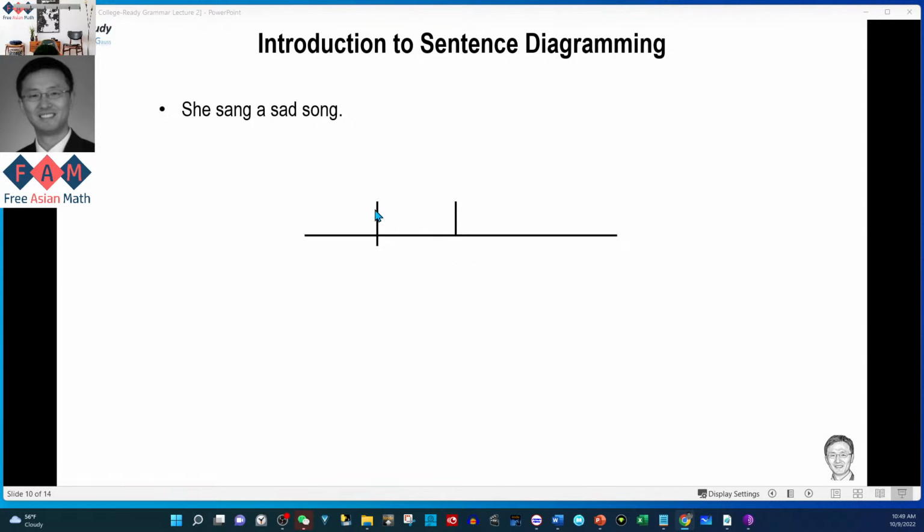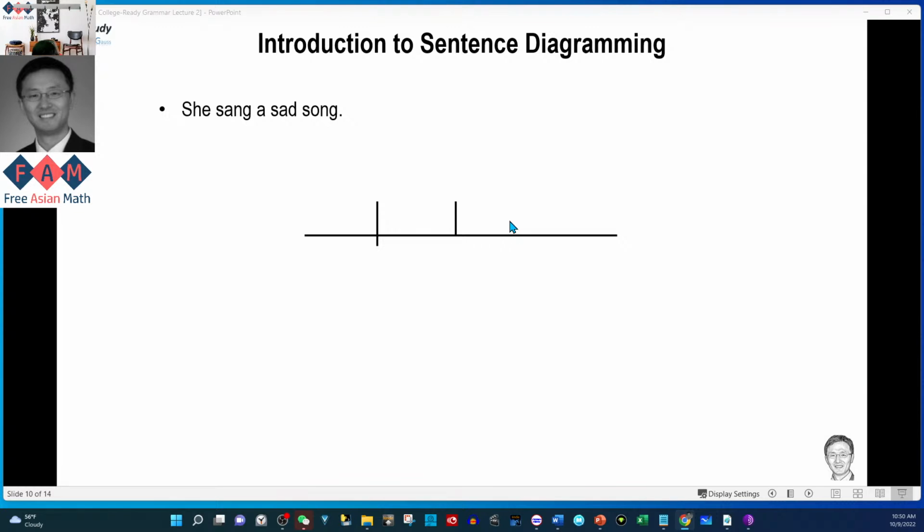So this is the vertical bar that separates the subject and the verb. And this one, as we will see, just separates the verb from the object. And in this case, it's always a transitive verb that has this vertical bar. If it's a be verb or so-called linking verb, we'll see shortly, we will use a different way.